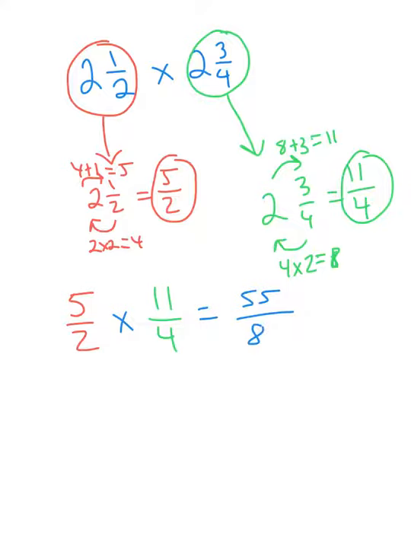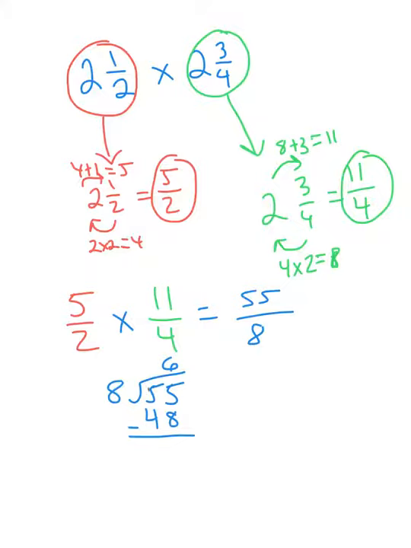So let's divide. I'm going to take my number on the top and divide it by 8. And 8 goes into 55 6 times. So 8 times 6 is 48. I'm going to subtract. I cannot do 5 minus 8, so I'm going to borrow from my tens place.